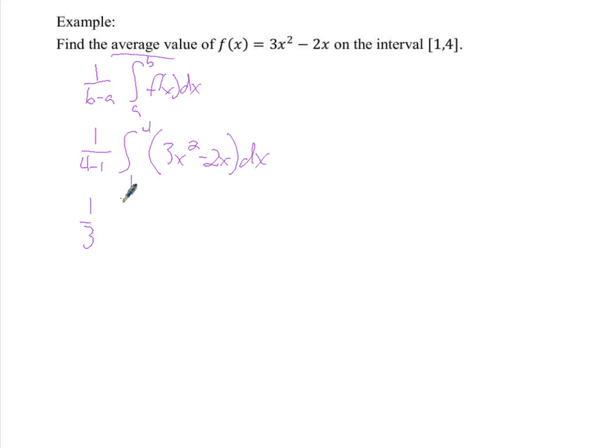I'm going to go ahead and integrate right now. So x cubed minus x squared, evaluated from 1 to 4. 1/3 is still out front. We have 4 to the third minus 4 squared.